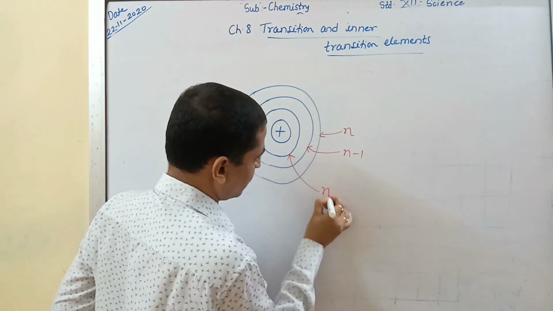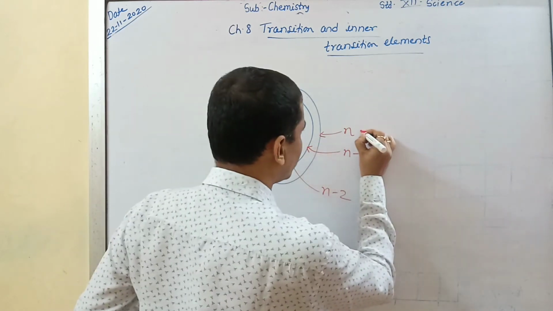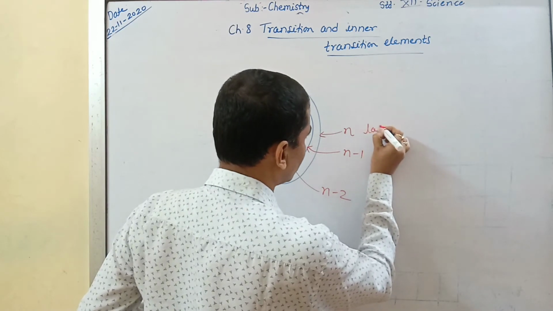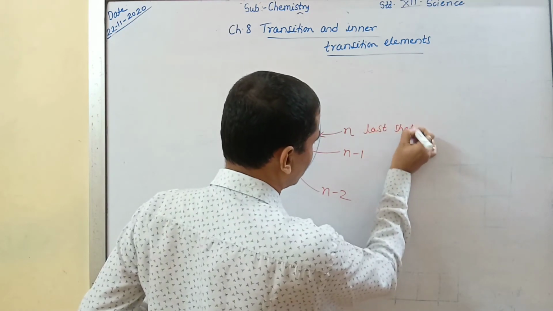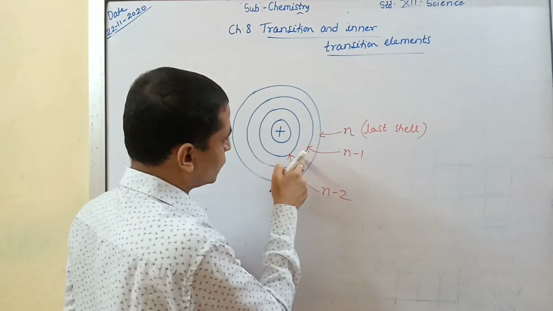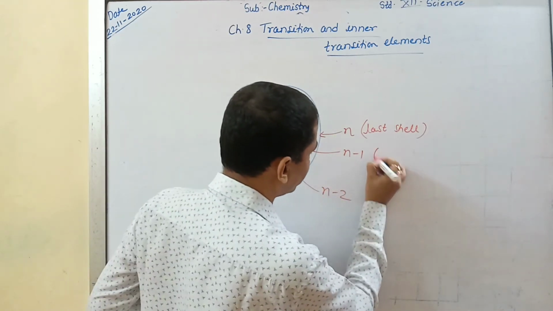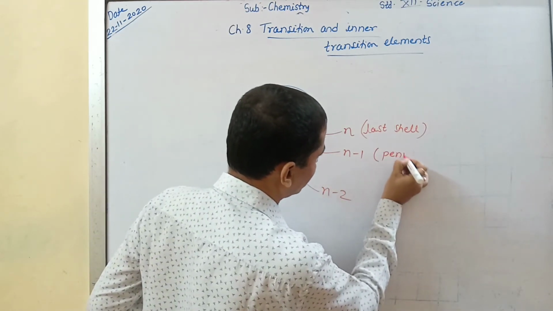This is n minus 2. This n represents what? Last shell. Now see the second last, n minus 1. It represents the penultimate shell.